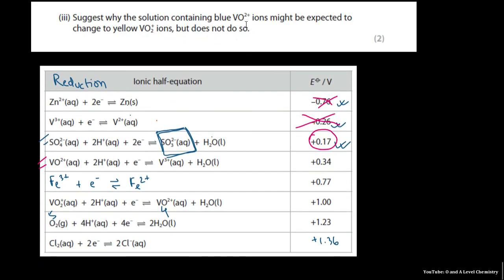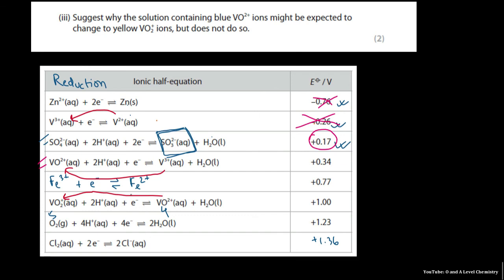What this question is asking is, the V2 plus was oxidized by the oxygen in air to V3 plus, and the V3 plus was oxidized to V4 plus, and now it's asking why the V4 to V5 reaction is possible, but it doesn't happen.